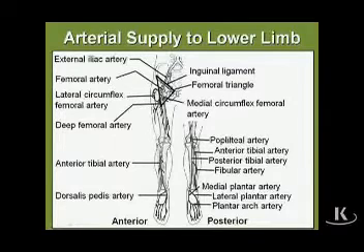It's that artery, the anterior tibial artery, that is subject to being compressed in what's known as anterior compartment syndrome. Because the muscles that occupy the anterior compartment are very tightly bound in place by the surrounding deep fascia, when you get swelling in that anterior compartment, because there's very little space available for the swelling to occur, you can end up compressing the anterior tibial artery and thereby compromise the blood supply to the anterior compartment.